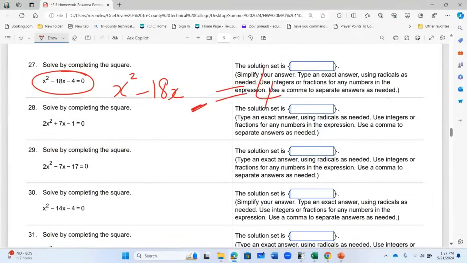See this space here. Then I will find the linear term and its coefficient. It's negative 18. Divide that coefficient by 2: negative 18 divided by 2 is negative 9. So I add negative 9 squared.